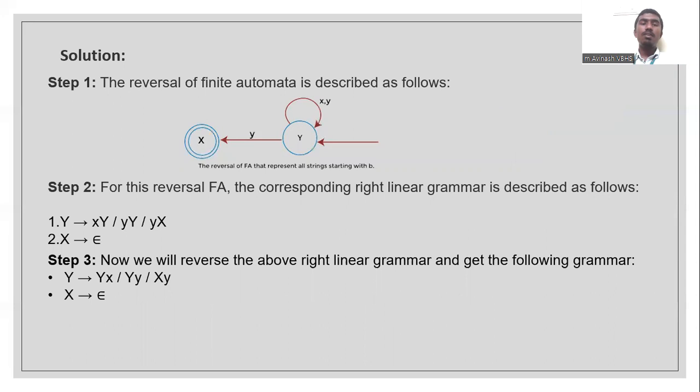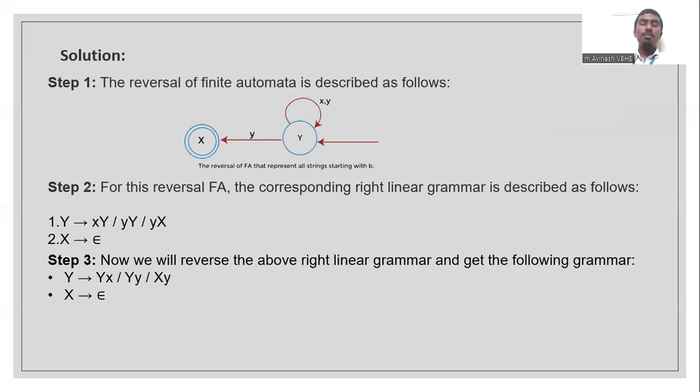Solution. The reversal of the finite automata is described as follows. Step 2. For this reversed finite automata, the corresponding right linear grammar is: X tends to xX or yY or yX, X tends to epsilon. Step 3.